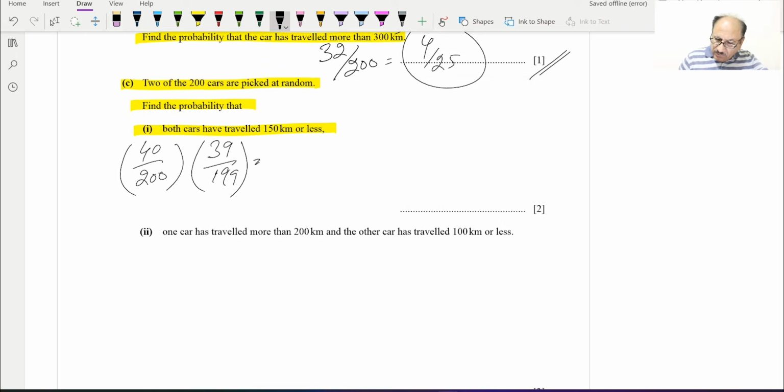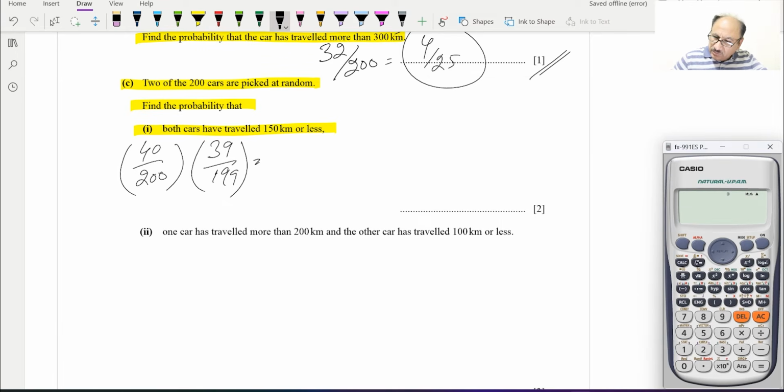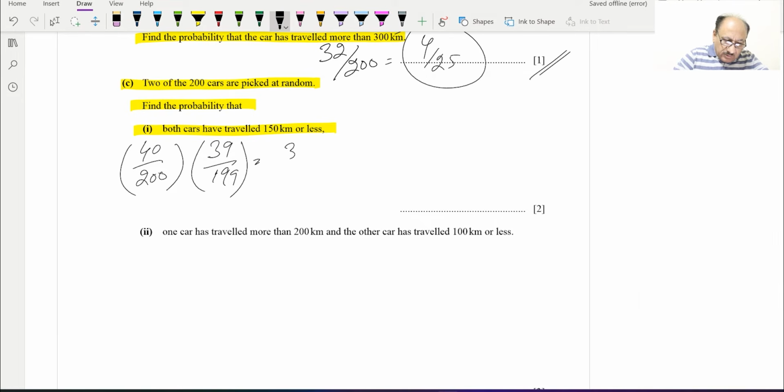We calculate 40 divided by 200 multiplied by 39 divided by 199, which is equal to 39 over 995. This will be the final answer for 2 marks.